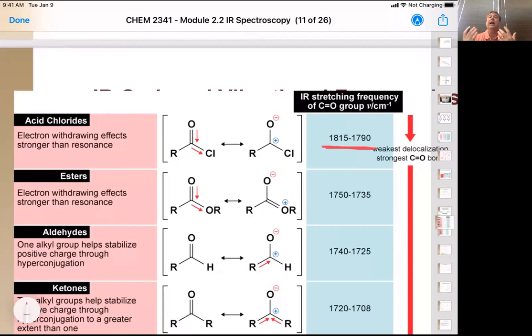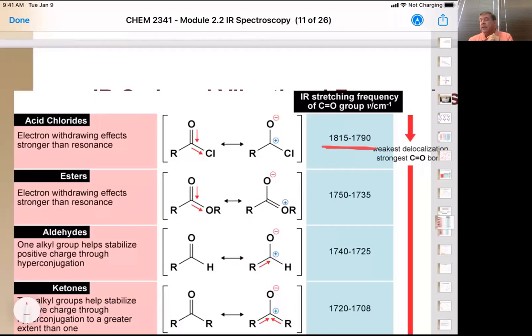Okay, so that's the highest we're going to see, and in fact, if you had a fluorine there, it might shift a little higher. But the halogens are definitely the most electronegative atoms we're going to have here, and that means it dominates. Okay, notice that we can't really draw a resonance structure with chlorine having the negative charge on chlorine or the positive charge on chlorine, because it would actually be dissociated. So we do not see any resonance effect.